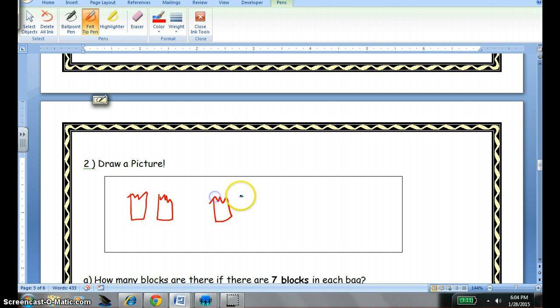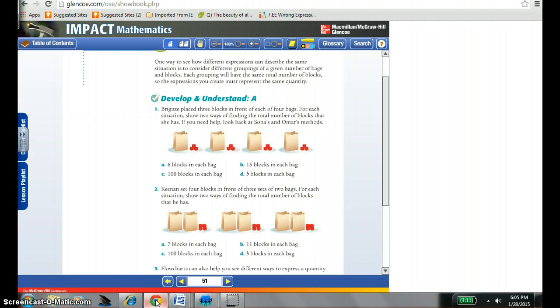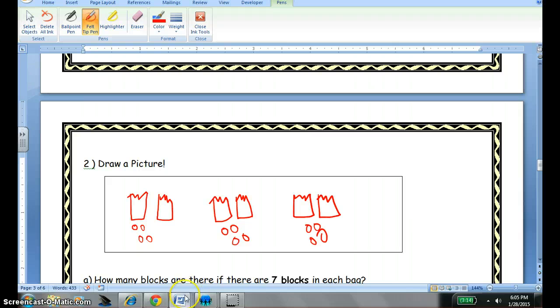Here's my second set of bags. Here's my third set of bags. And then I have 1, 2, 3, 4, 1, 2, 3, 4, 1, 2, 3, 4. Let me just make sure that's what it looks like. Yes, it is.